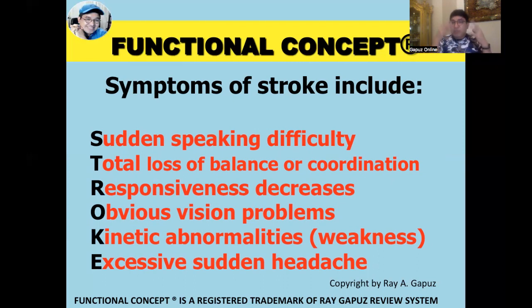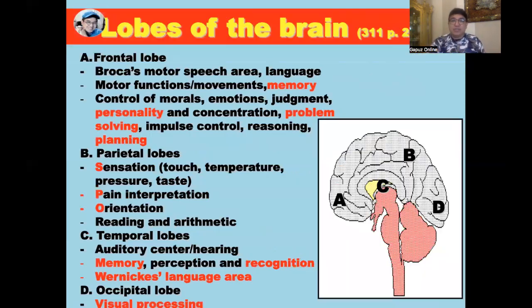And then visual problems, blurring of vision, kinetic abnormalities, they are unable to move their muscles. So there's going to be weakness, and or paralysis, and then excessive sudden headache, which really would tell us that the blood pressure could be increasing.